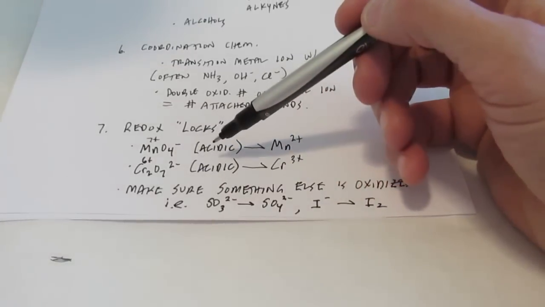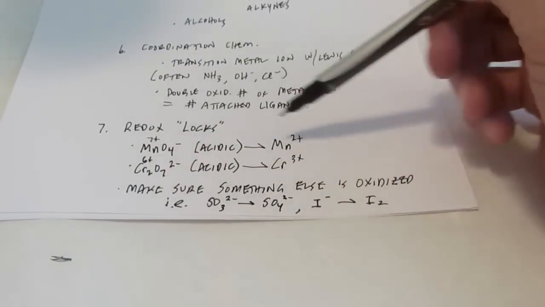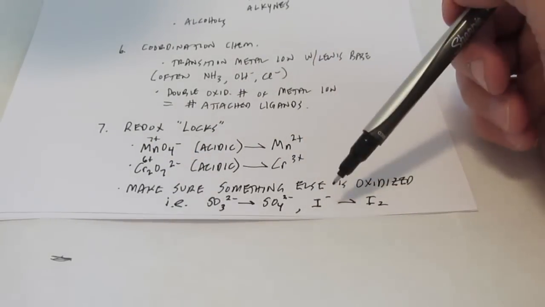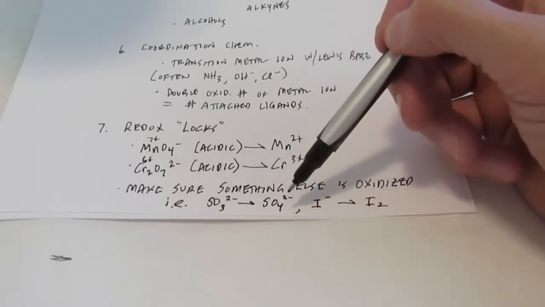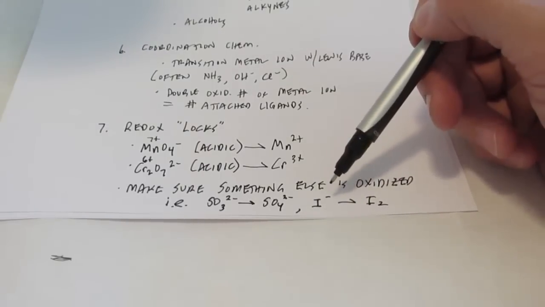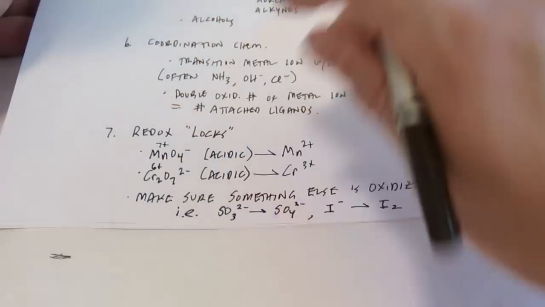Now, by the way, when you do these redox locks and you're reducing something like permanganate to Mn2+ or dichromate to Cr3+, make sure something else in the equation ends up being oxidized. They love to put sulfite turning into sulfate, or maybe I negative or Cl negative turning into I2 or Cl2. Now, there are others.